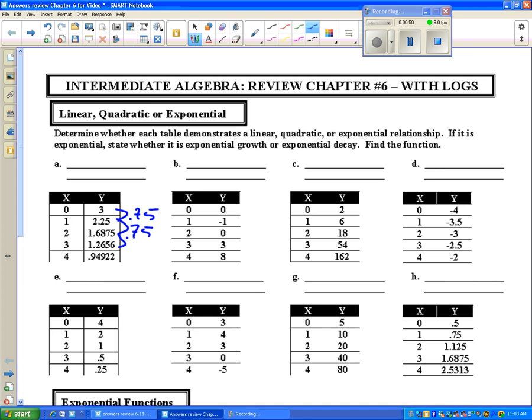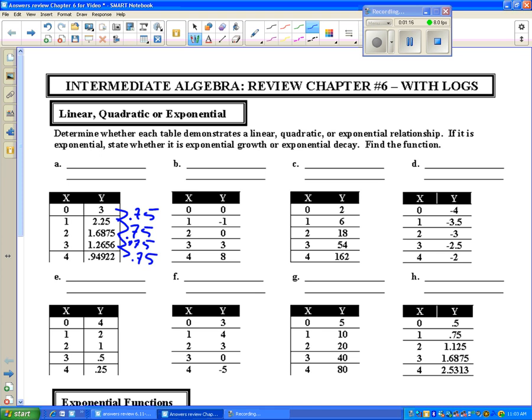1.2656 divided by 1.6875, I get about 0.75. If I take 0.94922 and divide by 1.2656, I get about 0.75. So this is division.